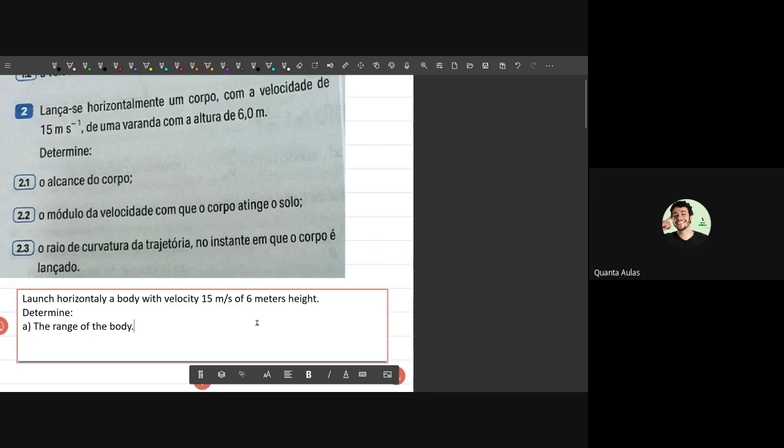The range, in other words, is the movement in horizontal, in the x-axis. So we know what formula you need to use. X equals velocity times time, okay? So you can do this.